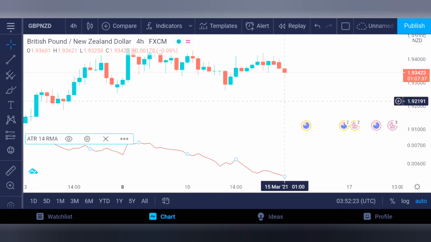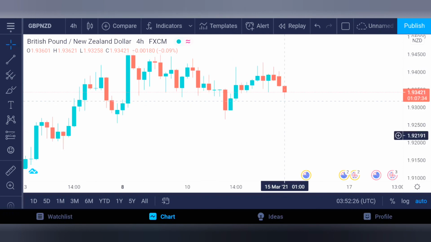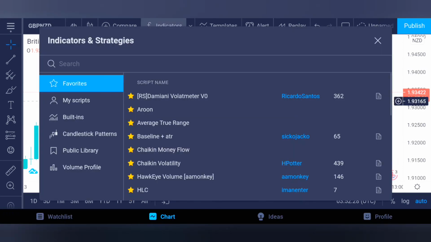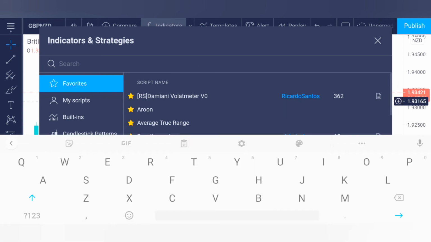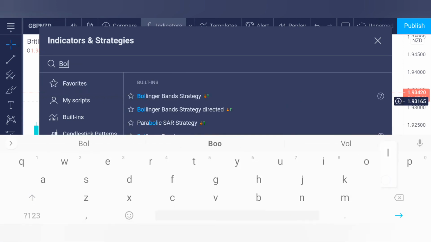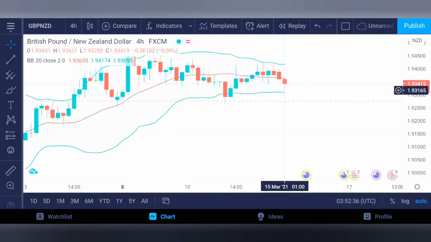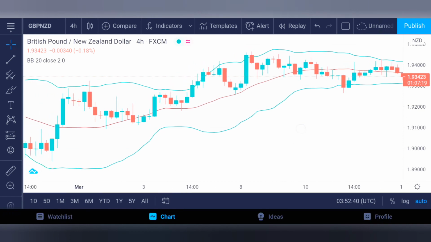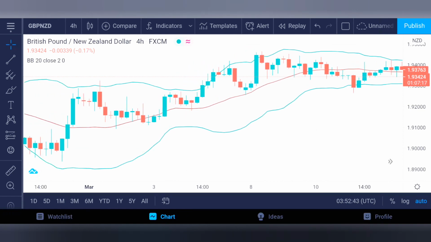Another example is the Bollinger Bands. Let me just load Bollinger Bands on here. Look at the candles, they are now within a cloud of indicator.